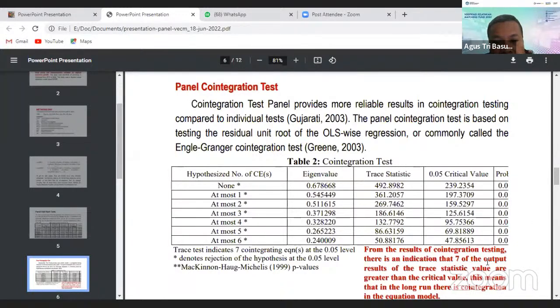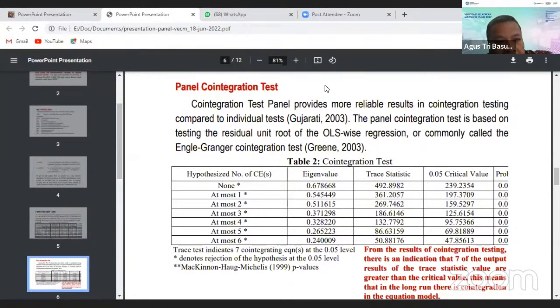All the cointegration tests are significant. From the result of the cointegration testing, there is an indication that 7 of the trace statistic values are greater than the critical value. This means that in the long run there is cointegration in the equation model.